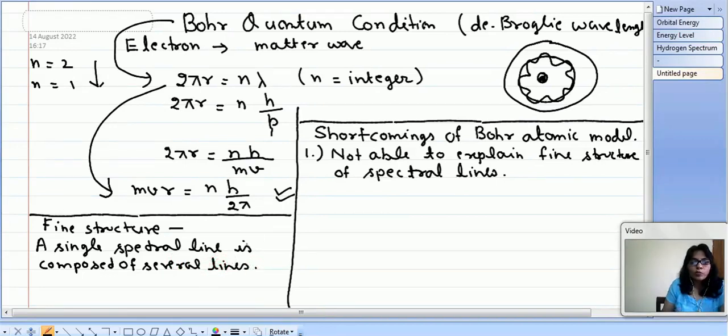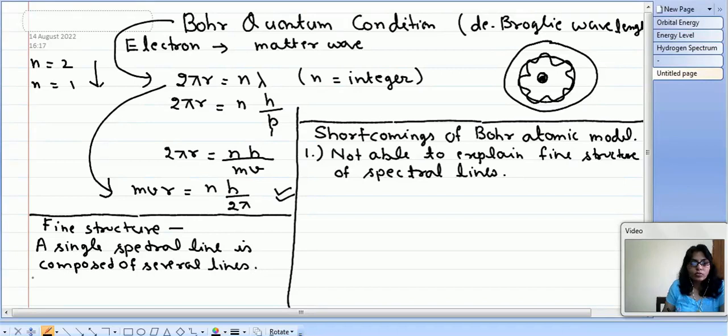So Bohr atomic model can explain the single spectral line, that is transition from one principal quantum number to another principal quantum number, but there are many lines associated with a single line, that is known as the fine structure, and this could not be explained by the Bohr atomic model.